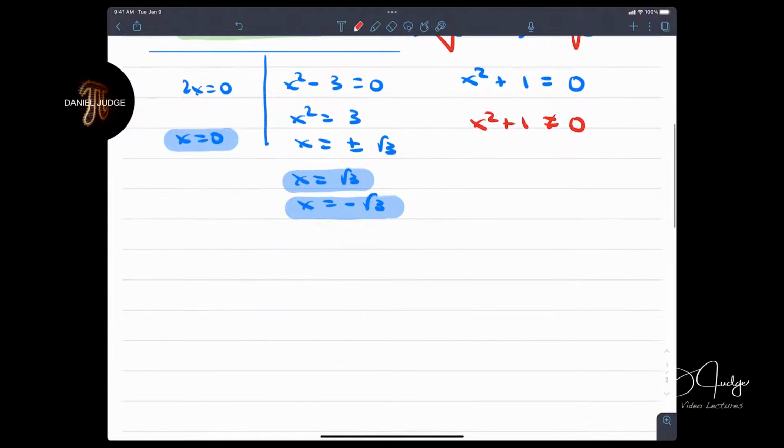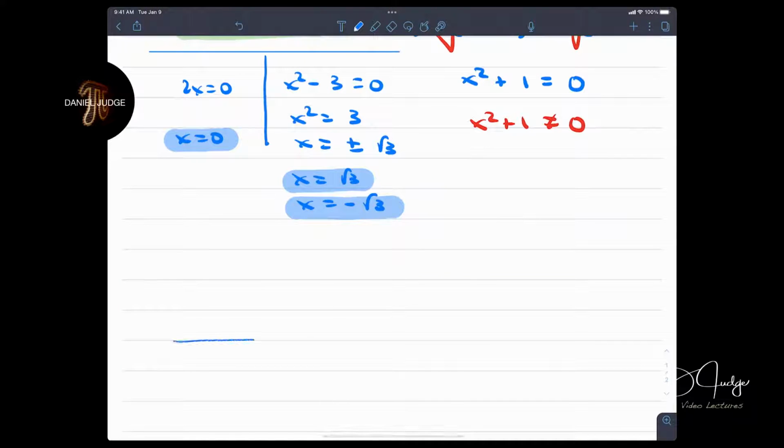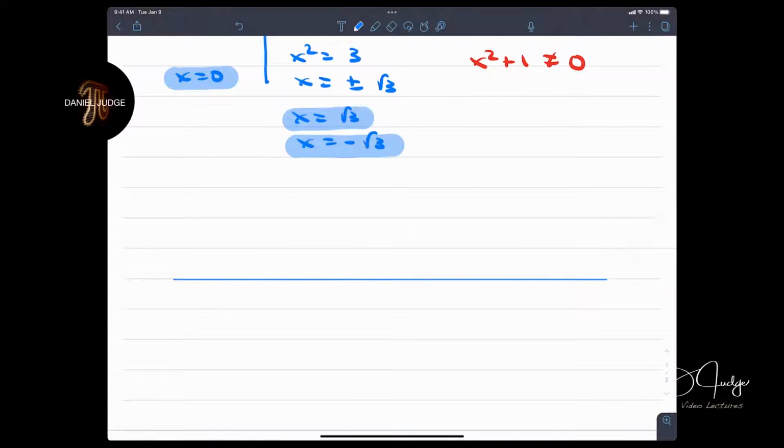So let's continue with our sign analysis now on our second derivative. I'm glad we have some scratch paper. Minus square root of 3, 0, square root of 3. Second derivative is 0 at these three locations here.